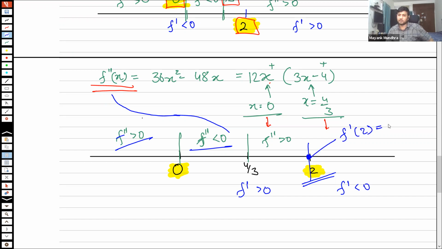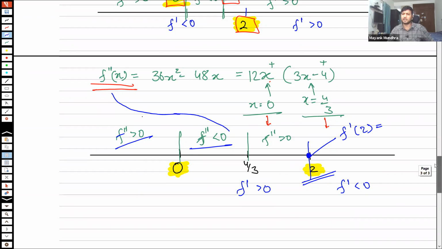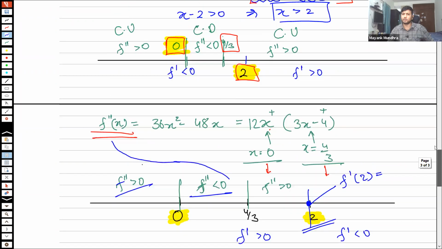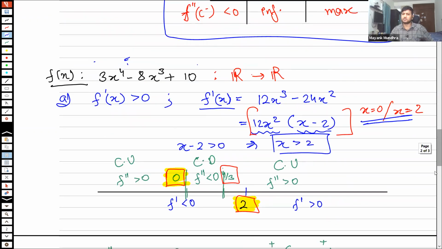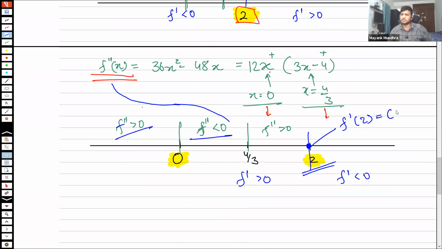Kanishka, what is f prime of 2? No, it is 0. That's how we found f prime, right? And that's how we found that this is a critical point. We solved f prime x equals 0, and we said 2 and 0 are the points where f prime is 0. So it's a stationary point. So f prime at 2 is 0.